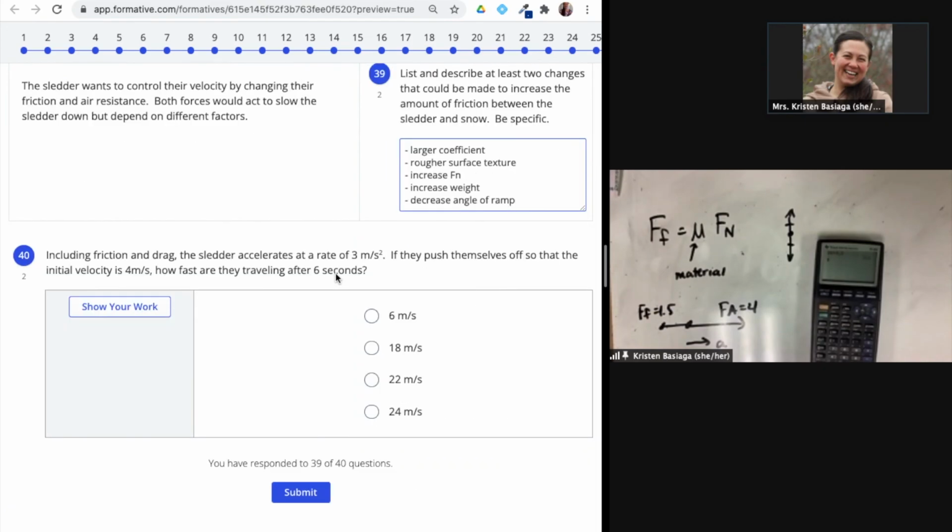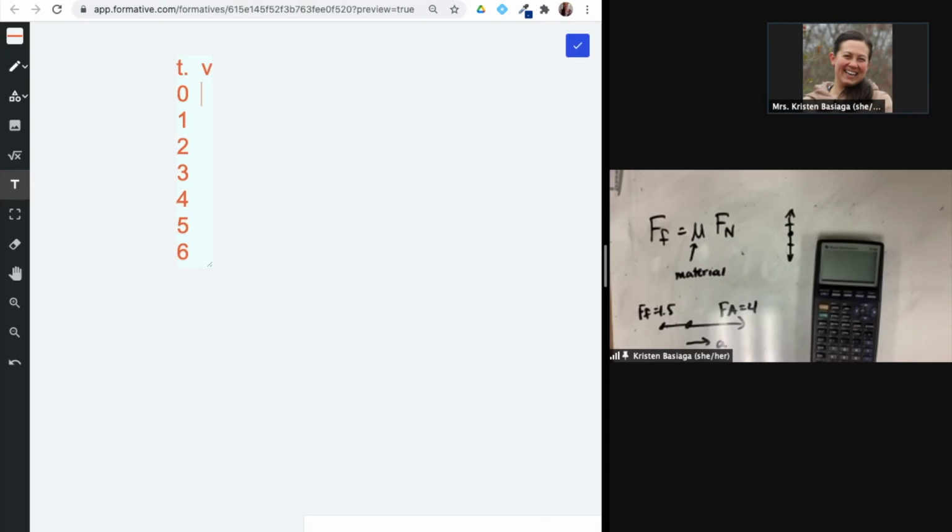Finally, the last problem is a calculation problem. Including friction and drag, the acceleration is 3 meters per second squared. Their initial velocity is 4 meters per second. So how fast are they traveling after 6 seconds? I'm going to show you 2 different ways for this. In the problem, it says there's an initial velocity of 4.